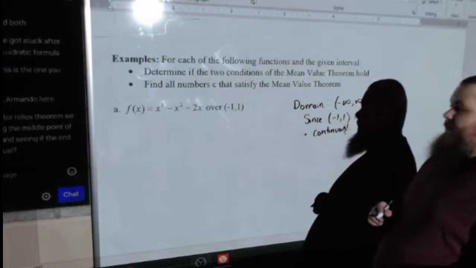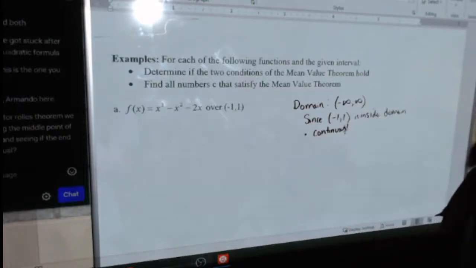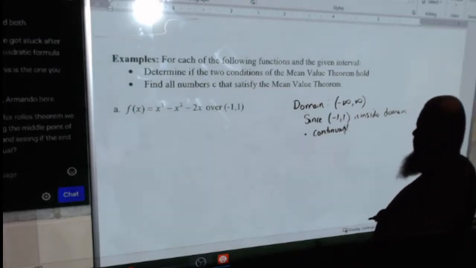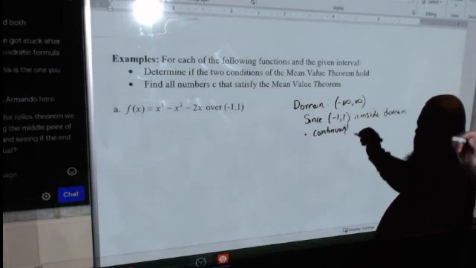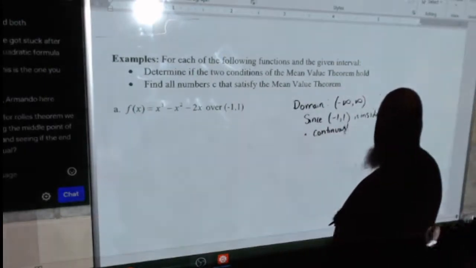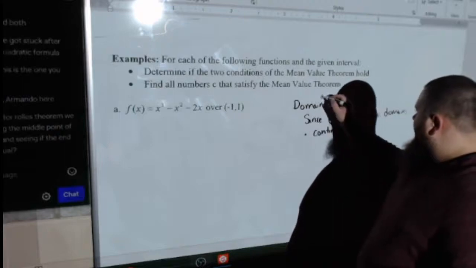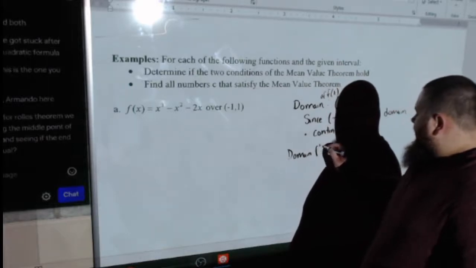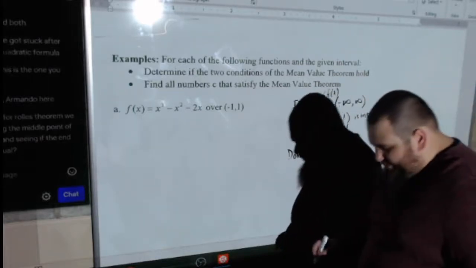The second thing was differentiable. So it has to have a derivative, and that derivative has to exist for all numbers within the interval given. So this is the domain of f. What's going to be the domain of f prime? Well, let's go ahead and find f prime.